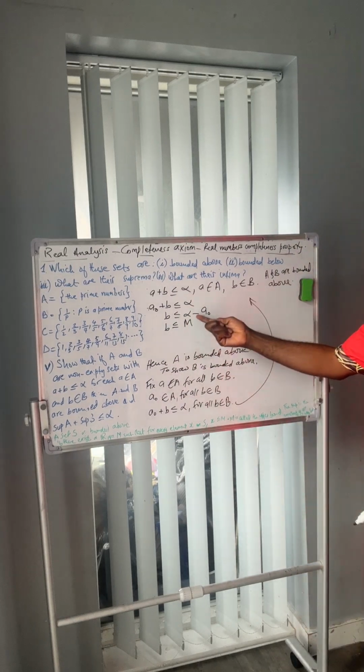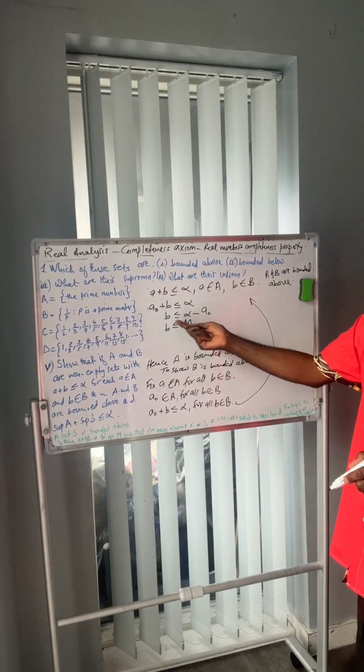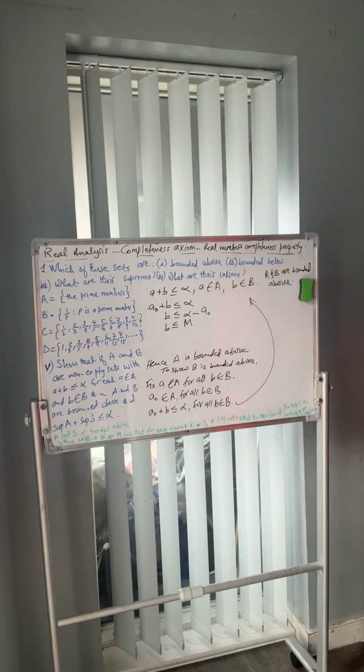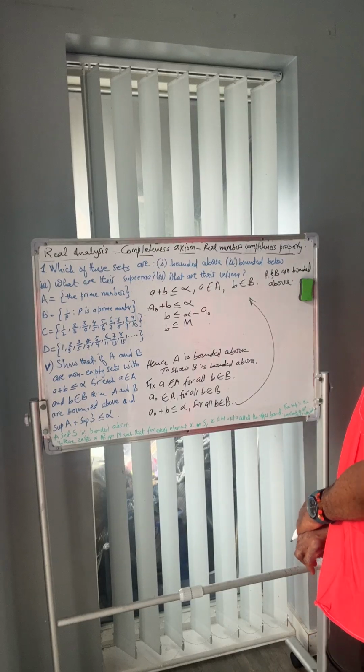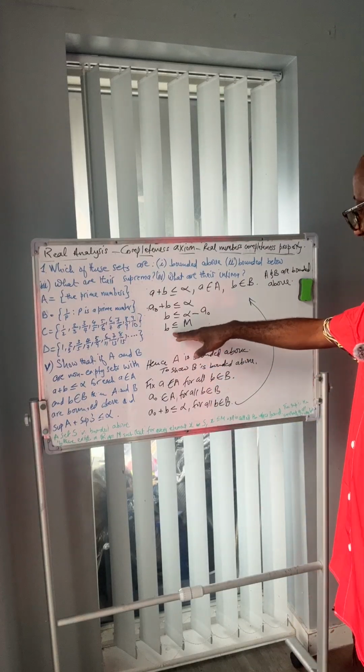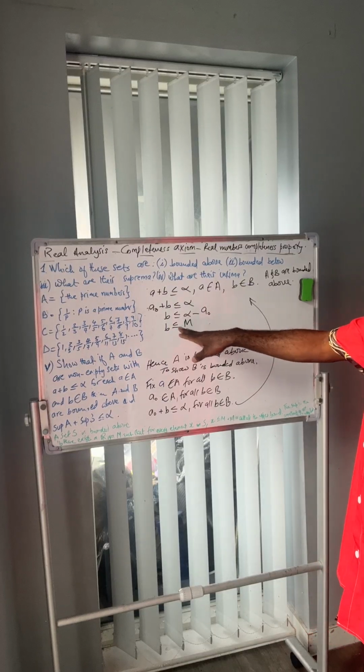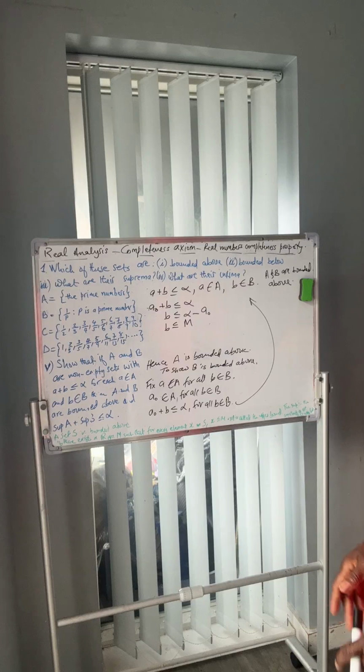So what is this function here? This is the definition of a set being bounded above. That's the definition. If for every element in the set B, there is a real number M such that B is less than or equal to M, that set is bounded above.